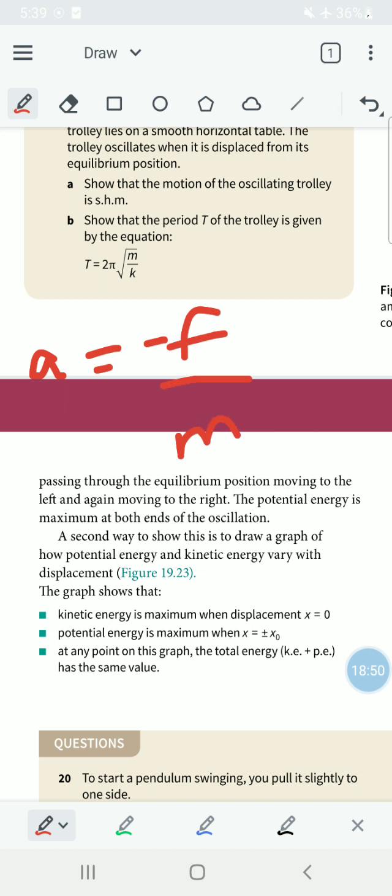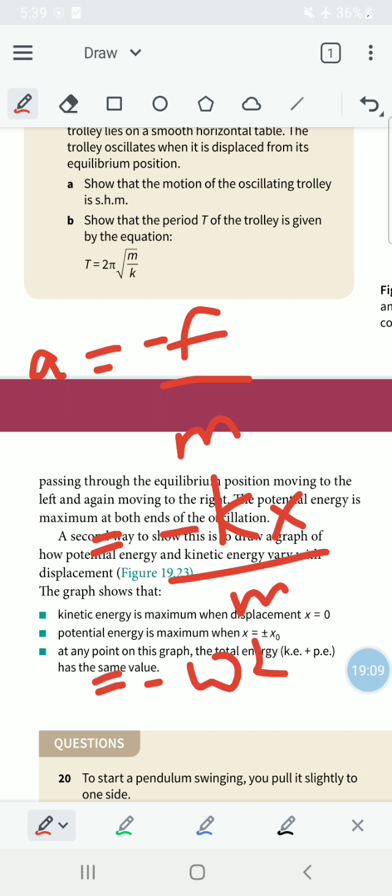Then F is negative kx, so acceleration is equal to negative kx divided by m. And all of this is equal to negative omega squared x. So you know all of these details.